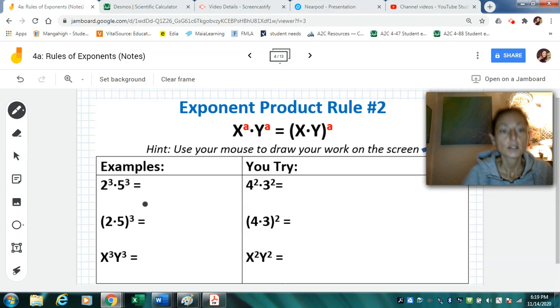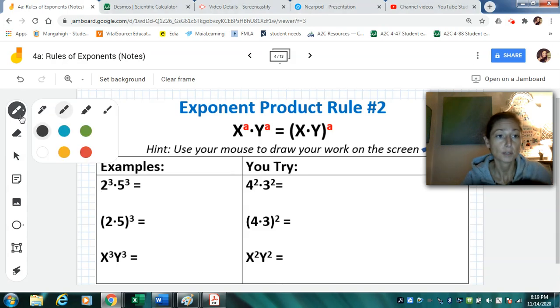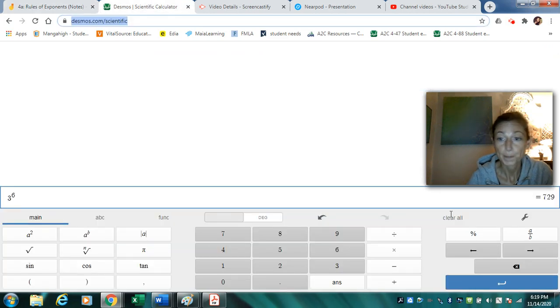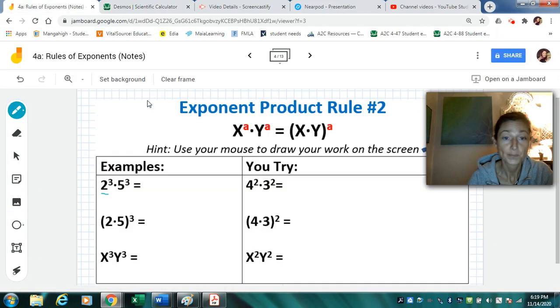So for example, if I have 2 cubed times 5 cubed, if I want to just simplify that as is, first I would do 2 cubed. So 2 times 2 times 2, which is 8. That gives me 8 there.